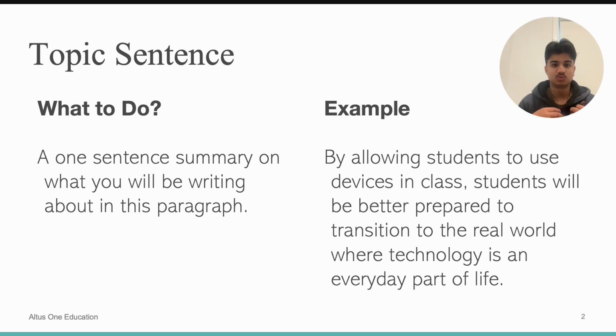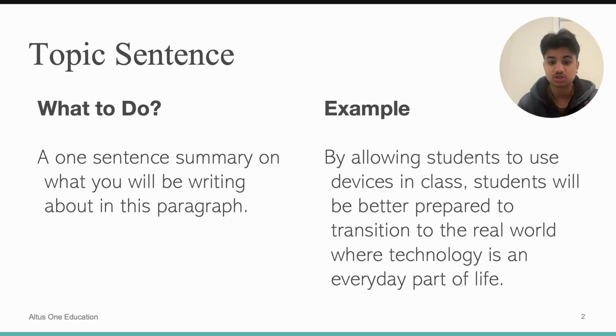As you can see in this 1 sentence, I have talked about what we are actually talking about. So students using devices in class. Then I've explained my argument. I've explained that the reason they should be using devices in class is that they will be better prepared to transition into the real world. And third, I've provided a very small justification as to why I think that's the case.